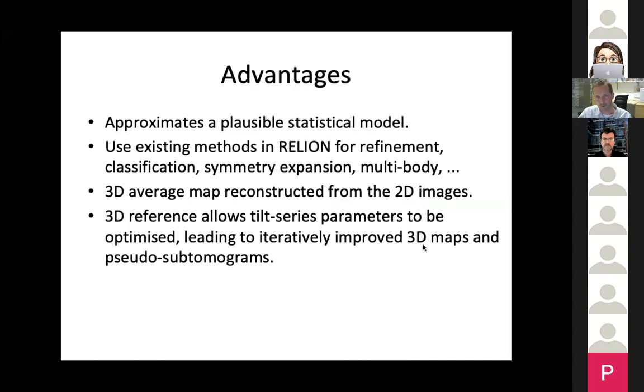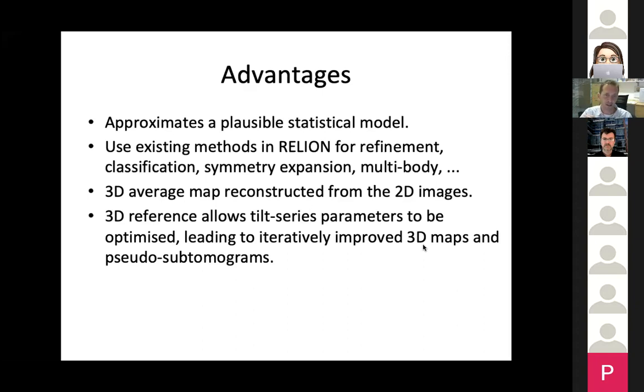So we've modified the RELION-refine program to be able to deal with these images together with the multiplicity. And now you can use all the tools that are already there: 3D refinement, 3D classification, symmetry expansion, multi-body, etc. Using code that was already there, rather than having to refactor all of that.